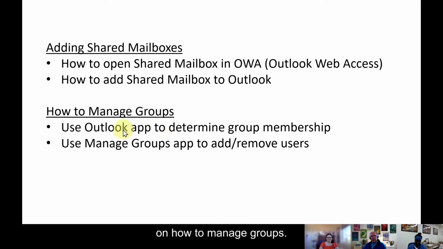All you're going to do is use the Outlook app. You can use the global address book to see what groups I'm a member of. Then you're going to use an application called Manage Groups. Once you go through the training, they're going to give you a program called Manage Groups, and that's where you can add and remove users from each group.